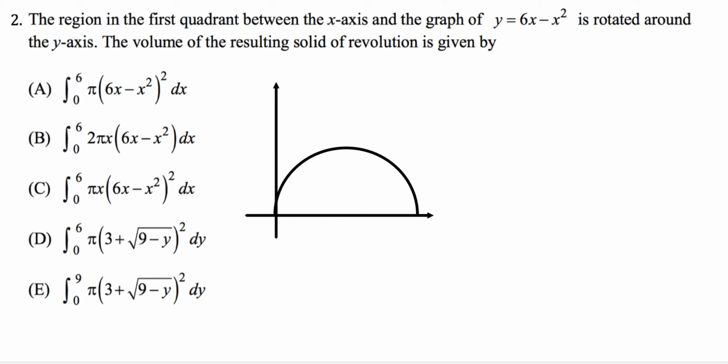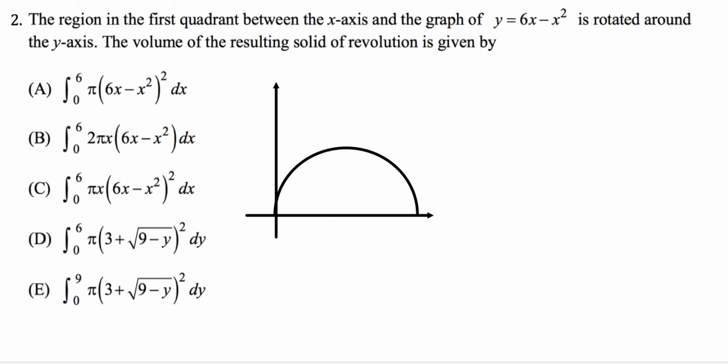We call that x. And h is the y value here. Y value is 6x minus x squared dx, which goes from 0 through 6. So this becomes our answer. So I'm looking for anything that has this one. It looks like choice B becomes our answer.